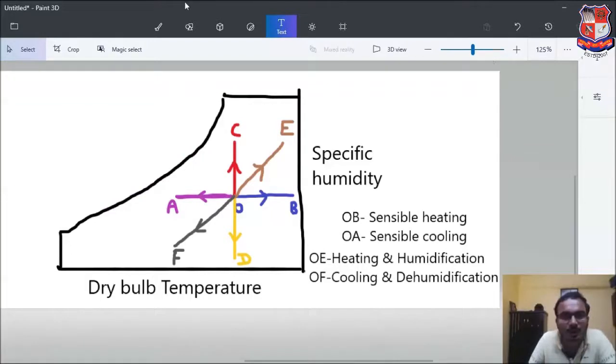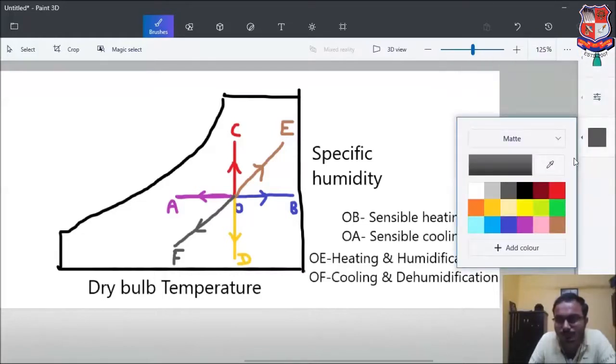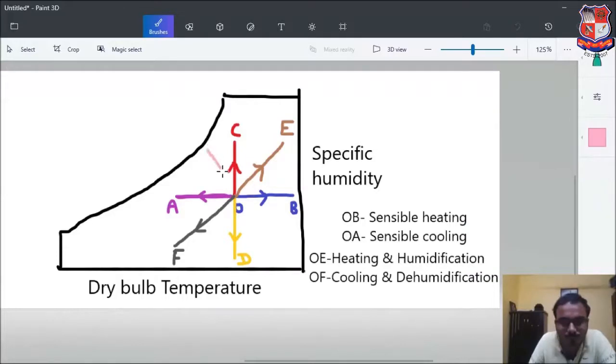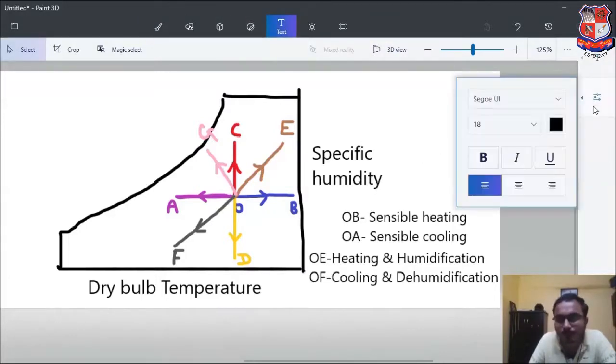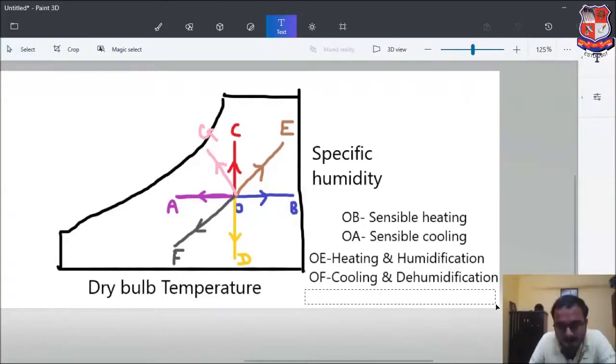Okay, now we are left with the last process on this, which is this, and it will be up to point G, and O2G will be called chemical dehumidification.